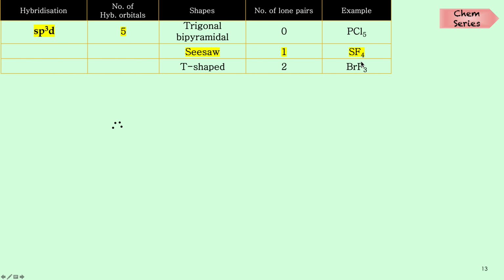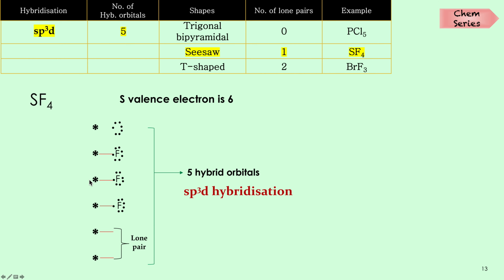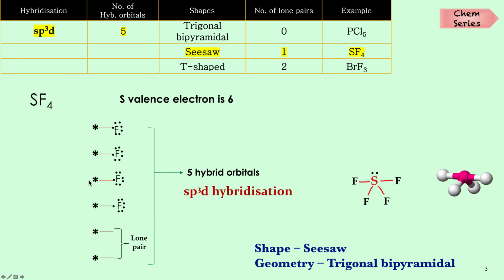The next will be your SF4. Here sulfur will be your central atom and its valence electron is 6. So the 6 valence electrons are being written like this. And there are 4 fluorine atoms which have 7 valence electrons each.